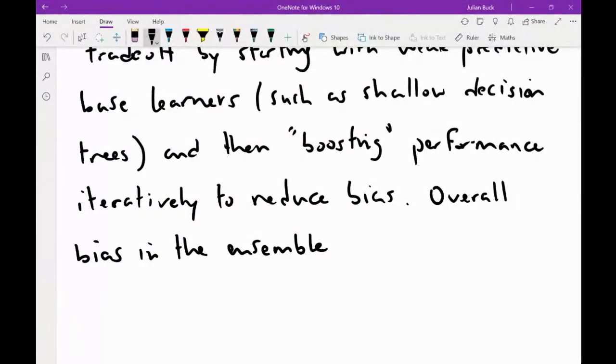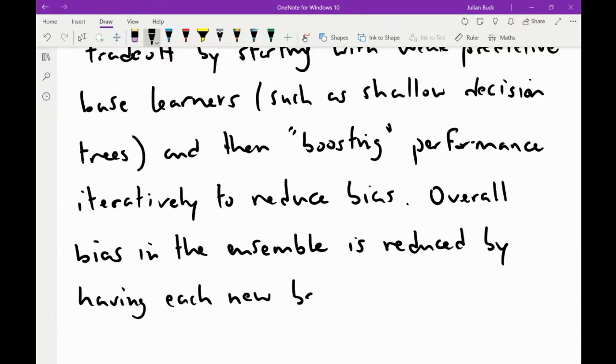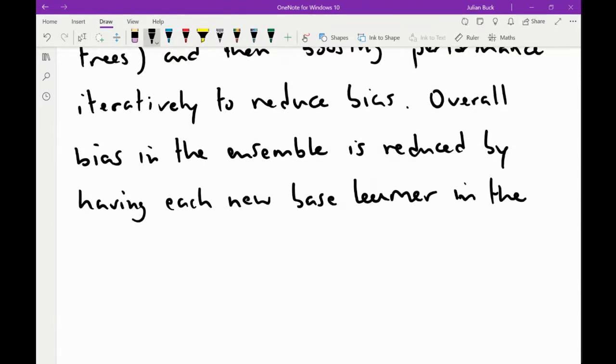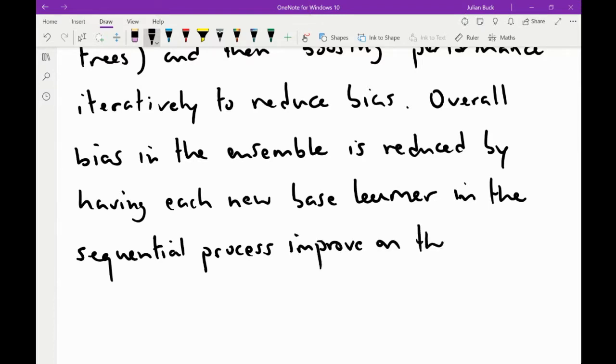What happens is overall bias in the ensemble is reduced by having each new base learner in the sequential process improve on the errors of the previous one.